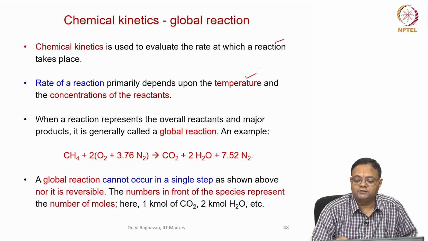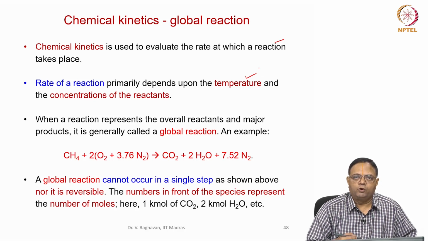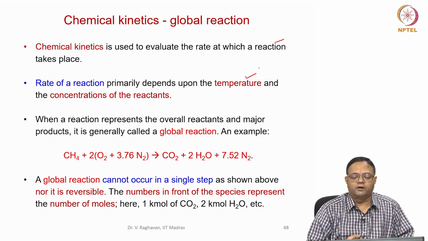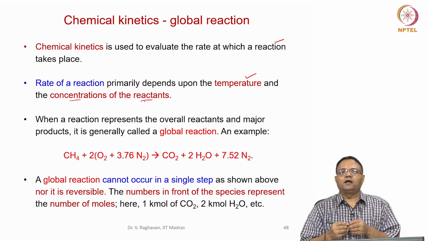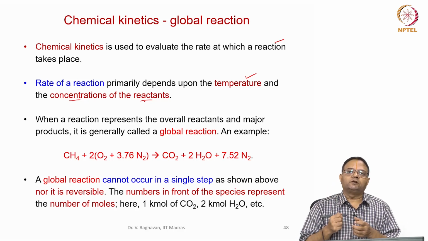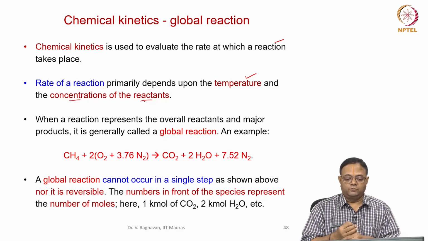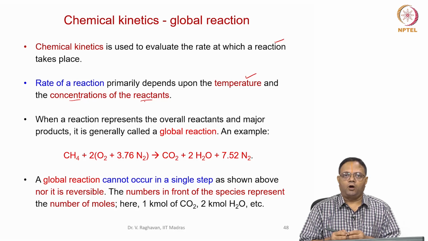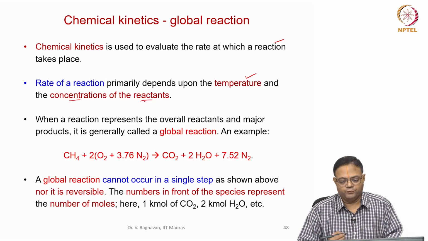One is the temperature you put to initiate this, plus the concentration of the reactant. When the reaction takes place, the concentration of the reactant decreases. So if the initial concentration is high, the reaction will take place at a faster rate, and the reaction rate obviously slows down as the concentration of the reactant decreases.